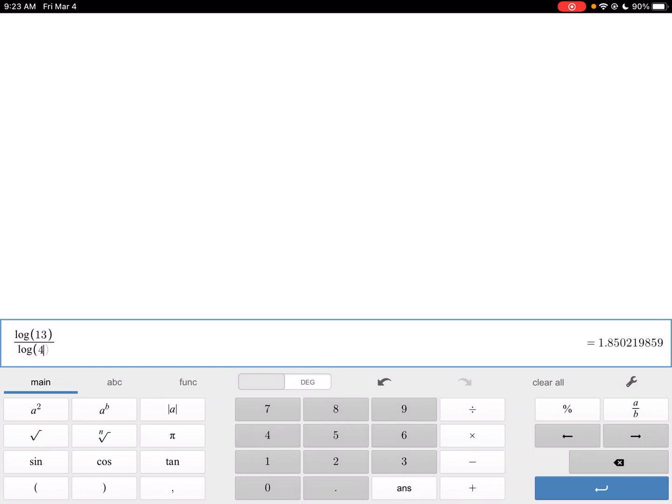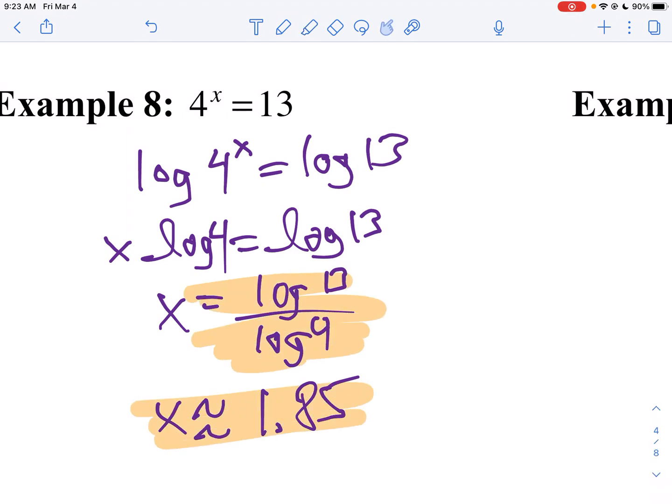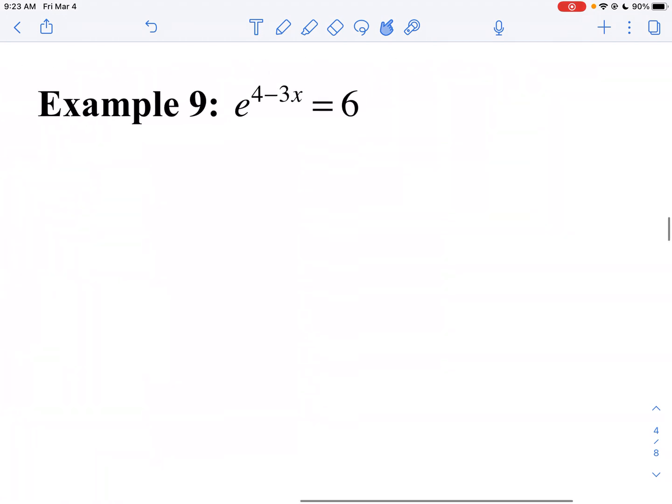Log of 4. And we get about 1.85. And that's how we're going to approach these problems. The exact answer is the log of 13 divided by the log of 4, and the rounded answer is about 1.85. Let's take another one.